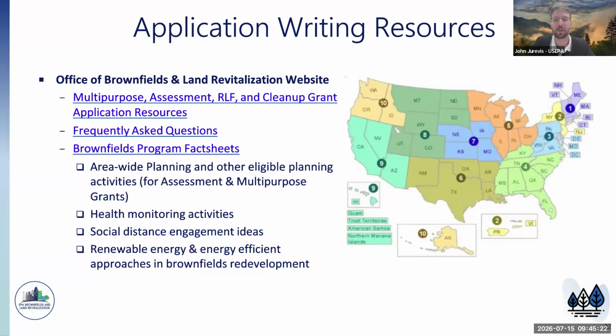We get a lot of very specific and unique questions about different eligibilities, and they get added to the frequently asked questions every year. So if you have a question about eligibility or different activities that you want to do under your grant, I highly recommend going to the FAQ.